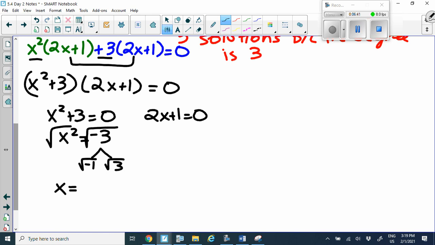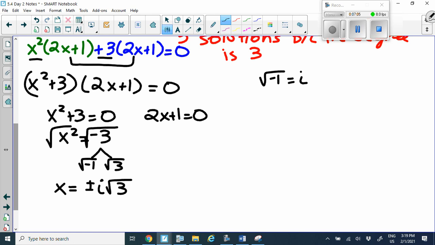So my final answer here, remember, square root of -1, and you might need to write this down, is equal to i. So we are going to have imaginary solutions, which is totally fine if that occurs. So we have plus minus i square root of 3. Okay? And make sure if you do get imaginary, write in standard form.